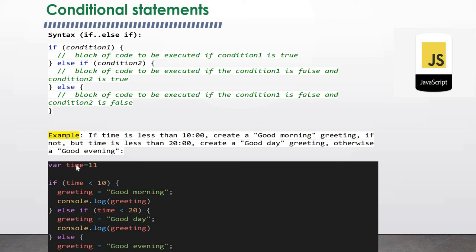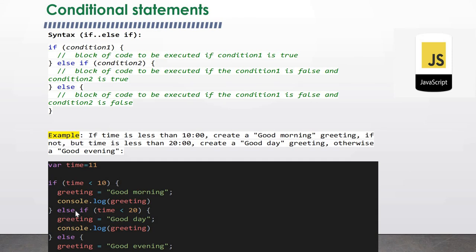I declare a variable time, and as an example I assign 11, which is not less than 10, it is greater than 10. So here is my first condition: if time is less than 10, then put good morning in a variable called greeting, and then I can print that greeting. If this condition is true, it will print good morning, right?